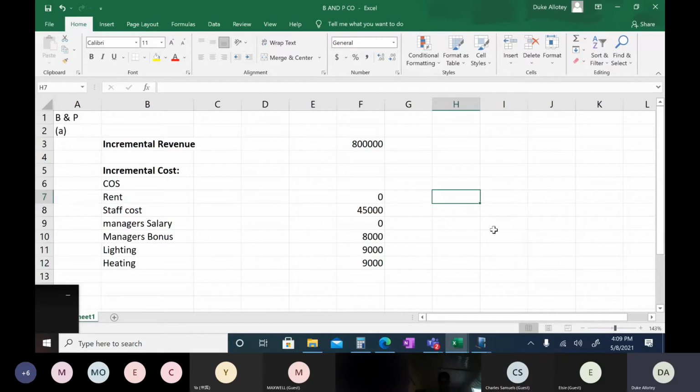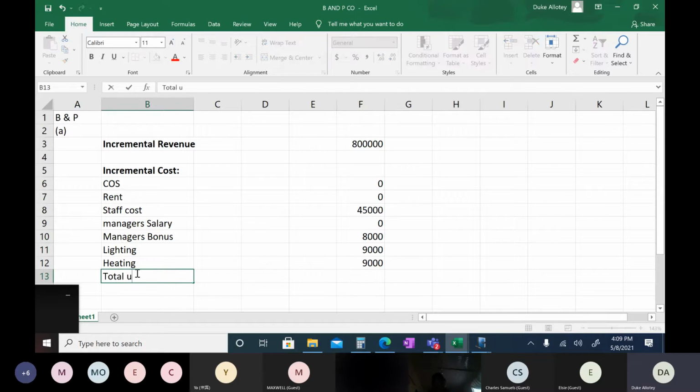Now I tell you what, sometimes you begin to work out such questions and one of the items is becoming a problem. Whatever is becoming a problem, don't worry. I'm going to put a dummy figure here, and I'll work it out later. So I'm going to keep something like total incremental cost.